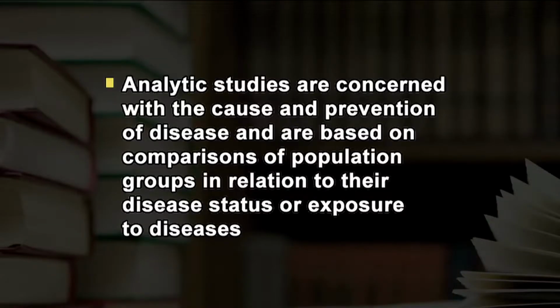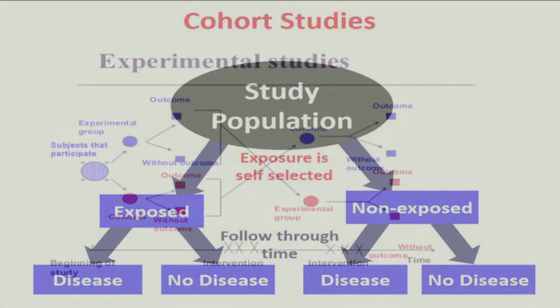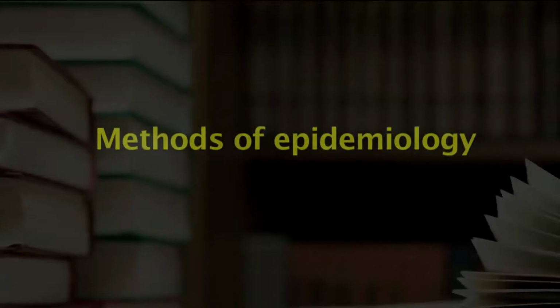Analytic studies are concerned with the causes and prevention of diseases and are based on comparison of population groups in relation to their disease status or exposure to diseases. Examples of analytic studies include case control studies, cohort studies, experimental and other types of interventional studies. Now let us go deeper into methods of epidemiology.